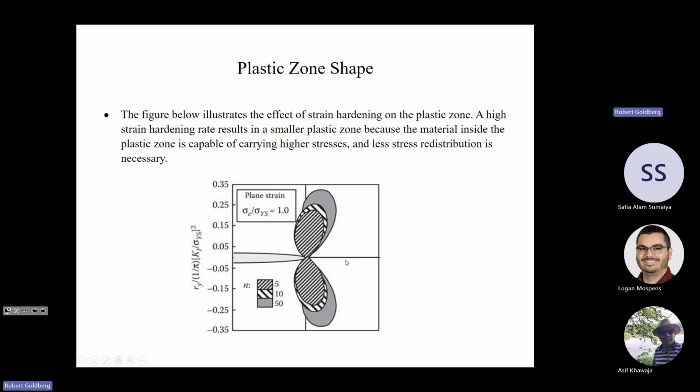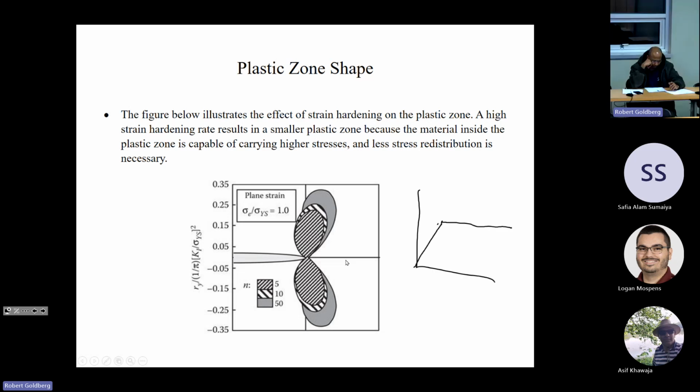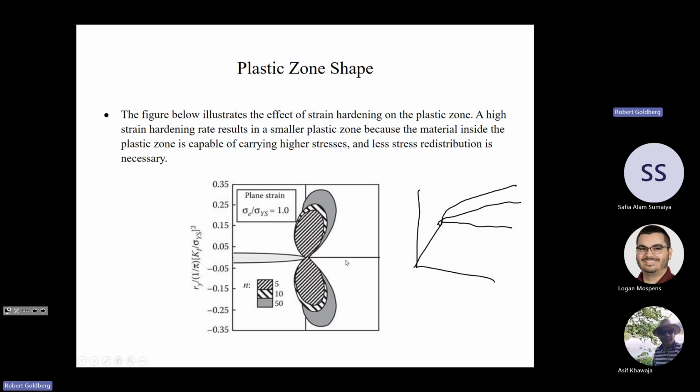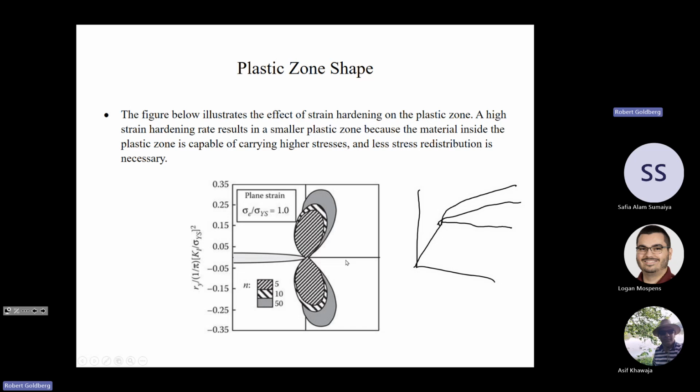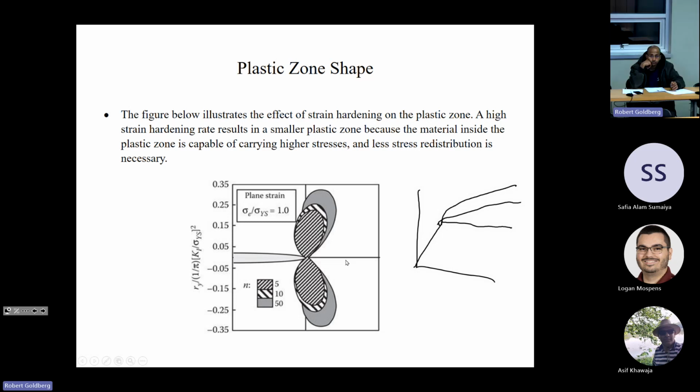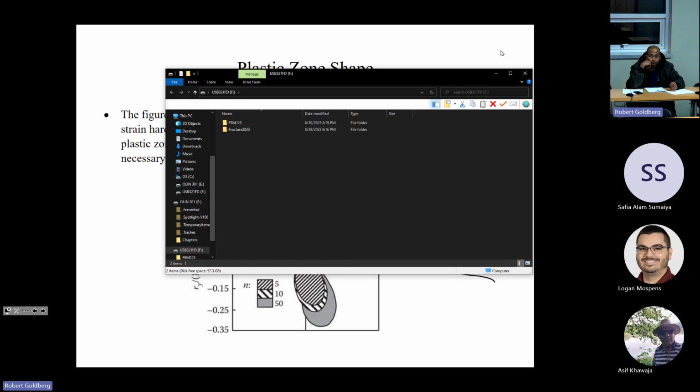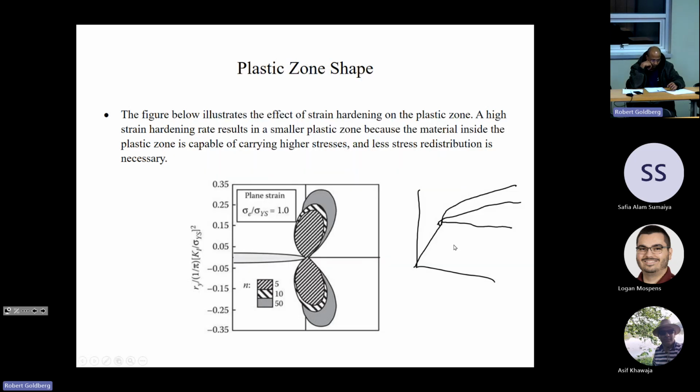So as we allow more and more strain hardening, so we move away from this and allow our stress strain curve to get stiffer and stiffer, even in the plastic zone, since it can carry more stress and therefore there's less stress redistribution, which means that the plastic zone size is smaller. So all these things are just a function of what we assume the stress strain response will be.